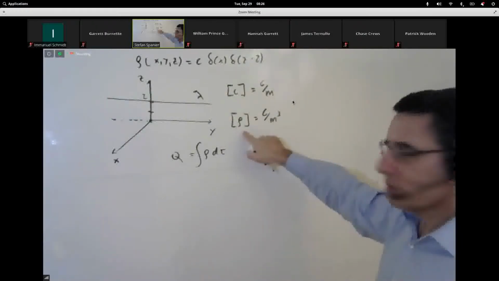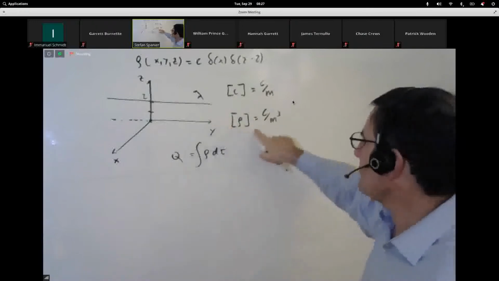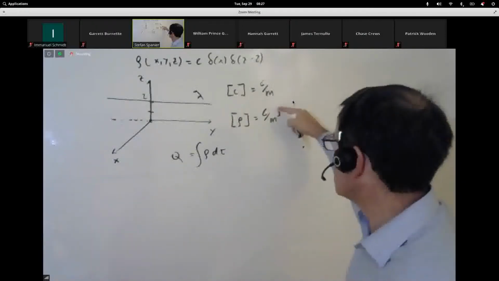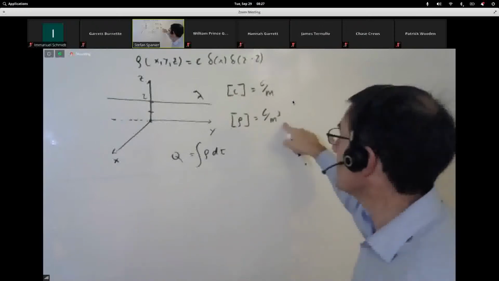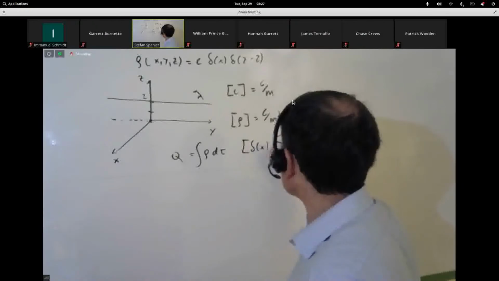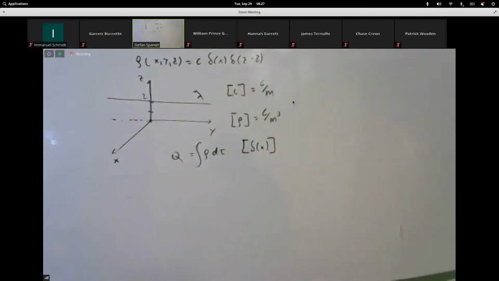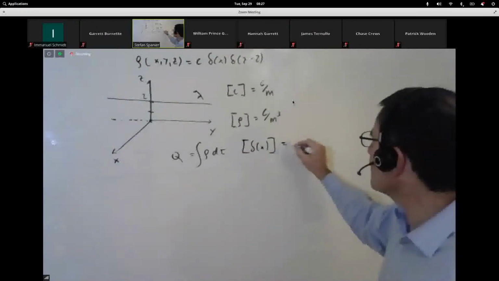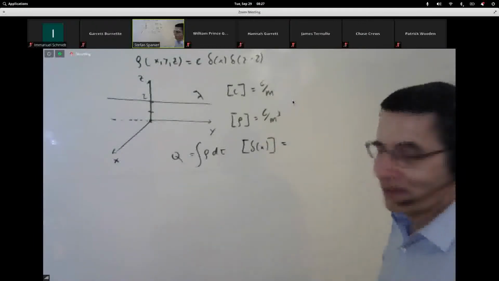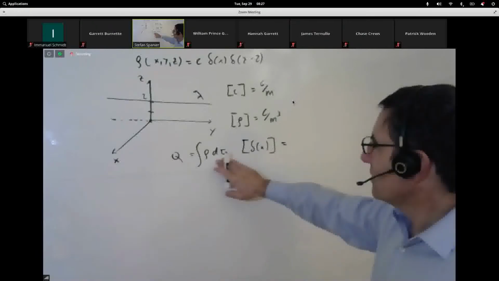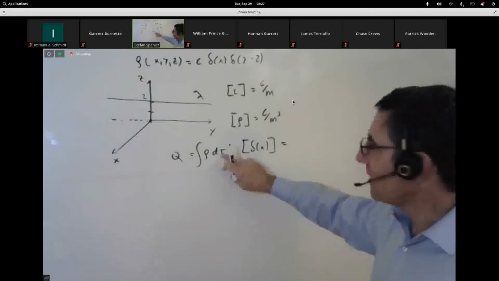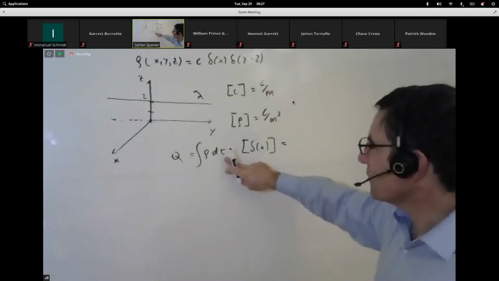You could first write the unit on the left side, which has of course to match the unit on the right side. This is Coulomb per cubic meter. But then you also would have to tell me what's the unit of the delta function. We discussed this. It has to do with the unit of the differential here.